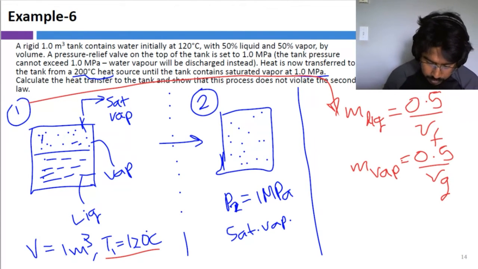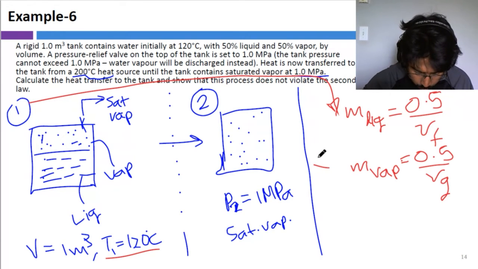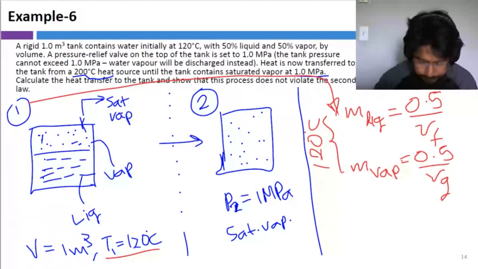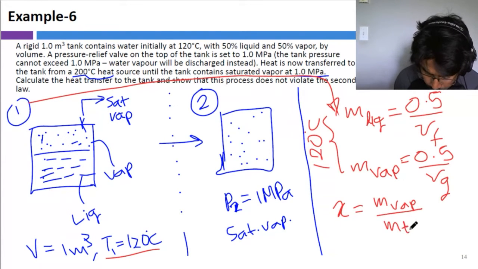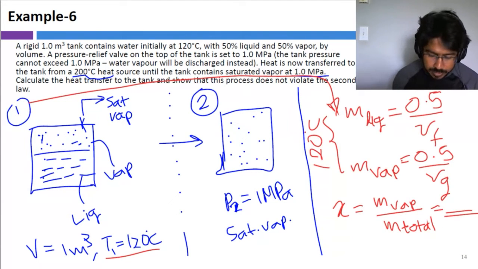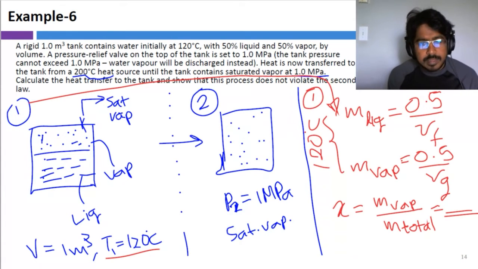All these things happen at 120 Celsius. And then we can define x as M vapor divided by M total. So we have the x. This is about state 1. With this step, we calculated the x.